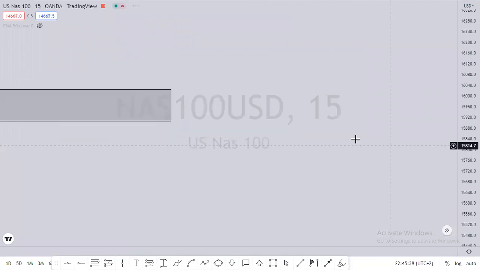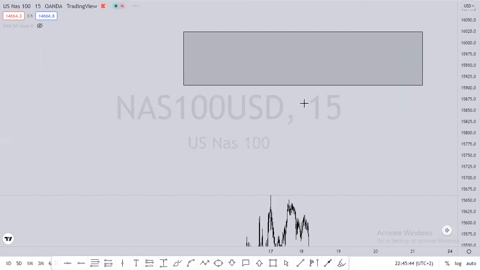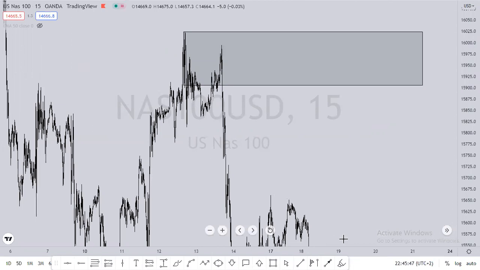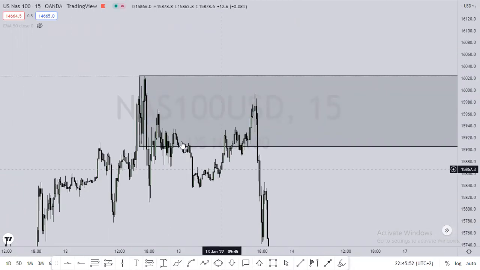So now, based on accounts, it really depends on you: how much you want to trade with, your risk appetite, and all of that. With this comes a certain level of, where would we make the OB, this one right here?